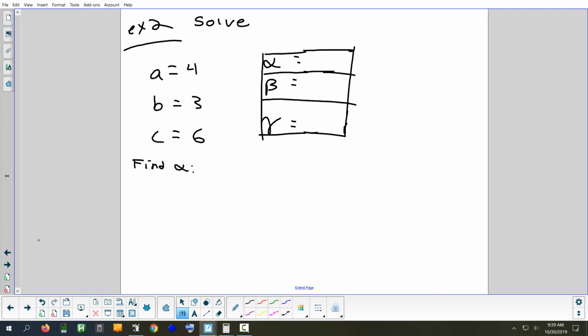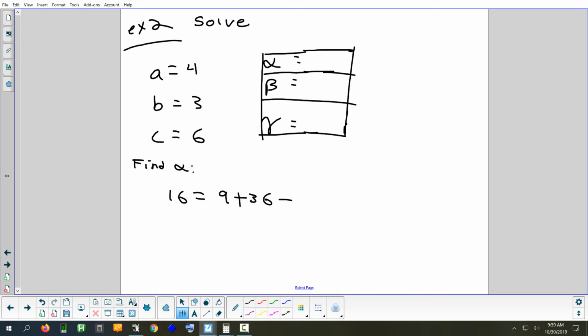What's the first thing? A squared. All right, let me start with that. A squared equals b squared plus c squared minus 2 times b times c.